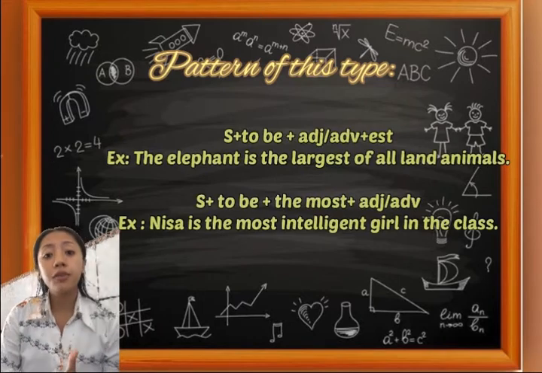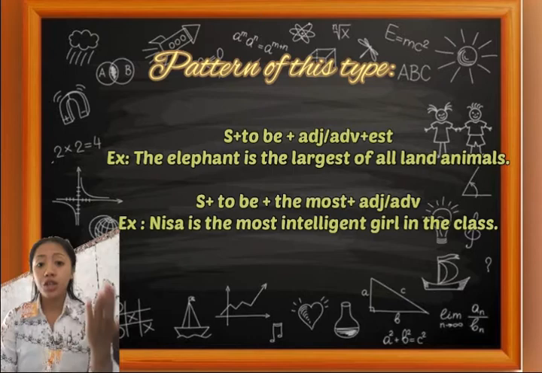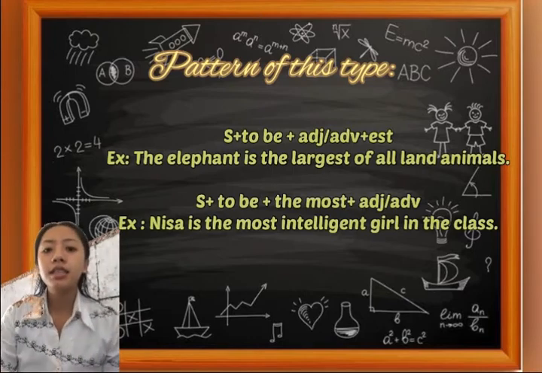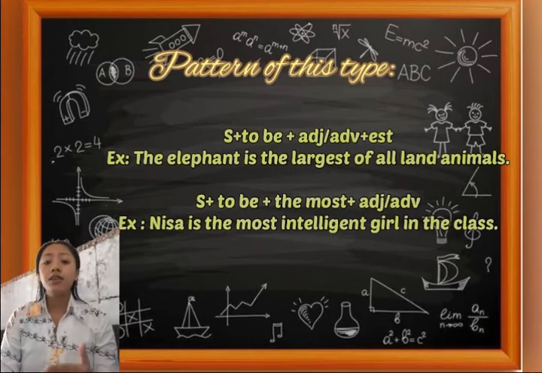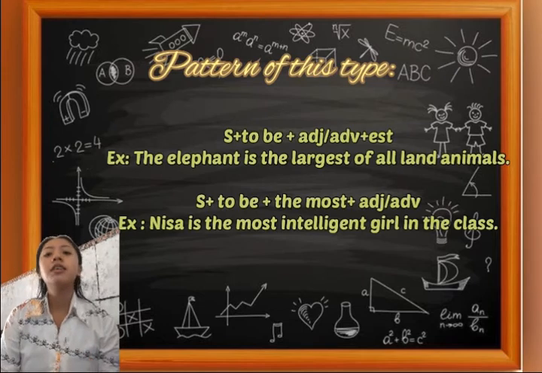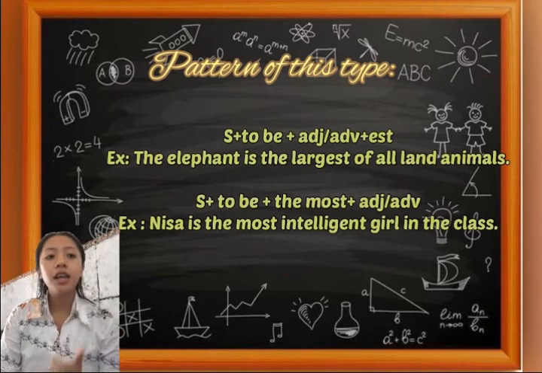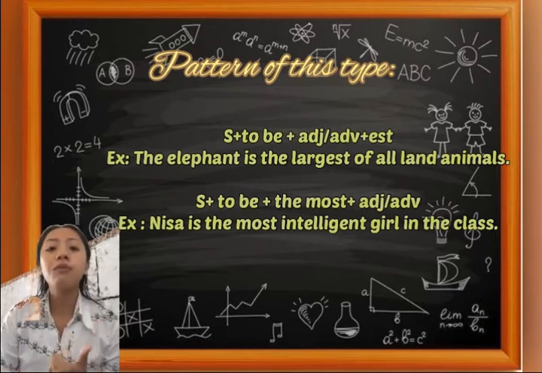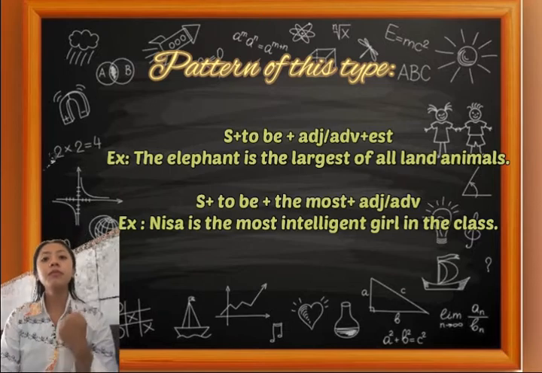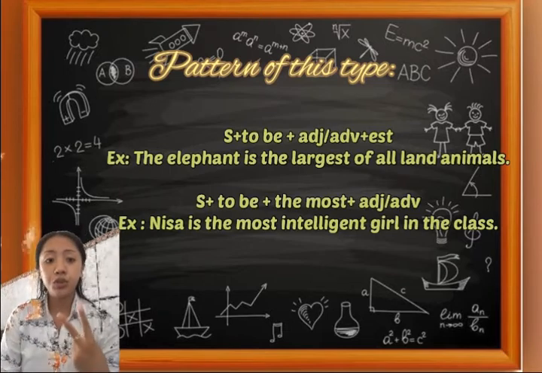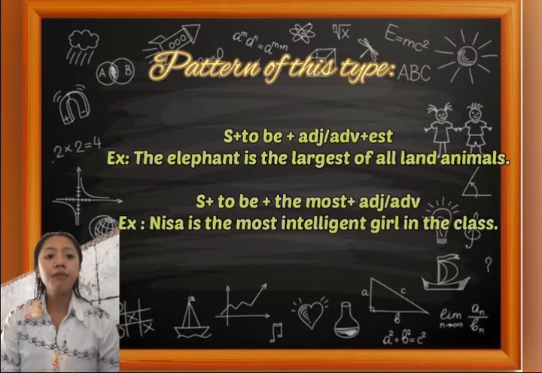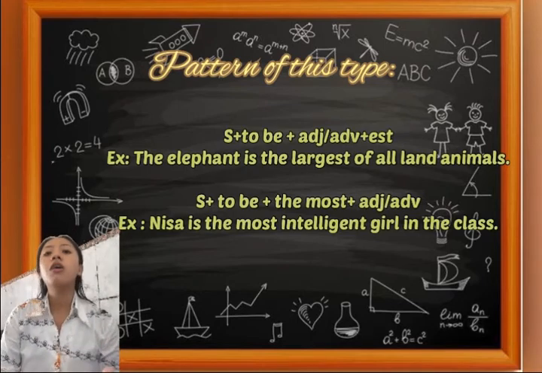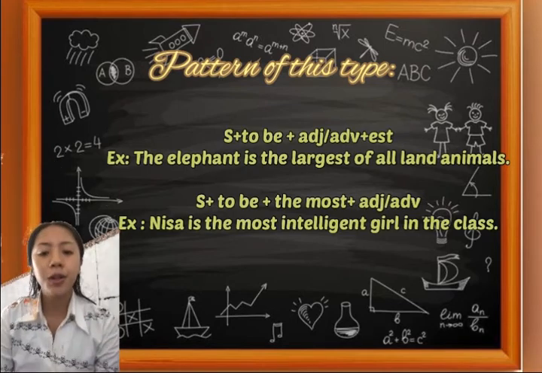The first pattern is S plus to be plus adjective or adverb plus est. And the example of this pattern, first, the elephant is the largest of all land animals. And the example number 2 is the giraffe is the tallest of all animals.